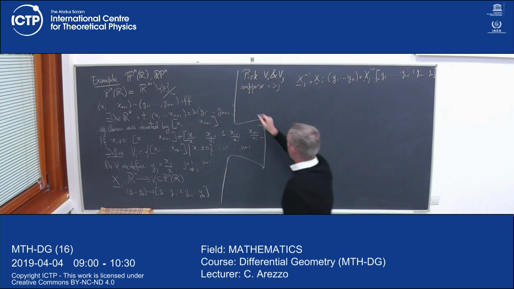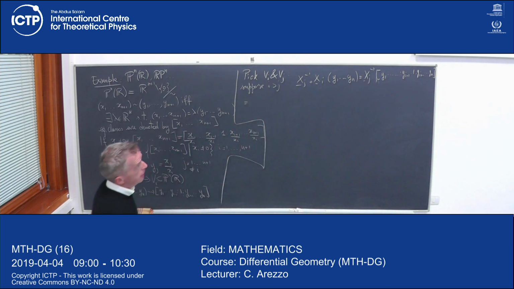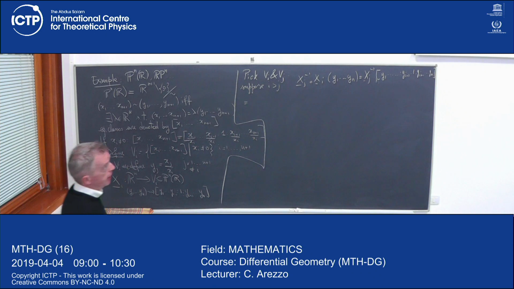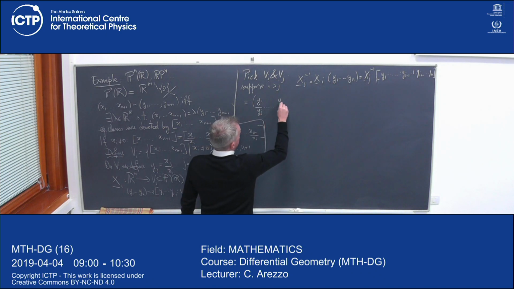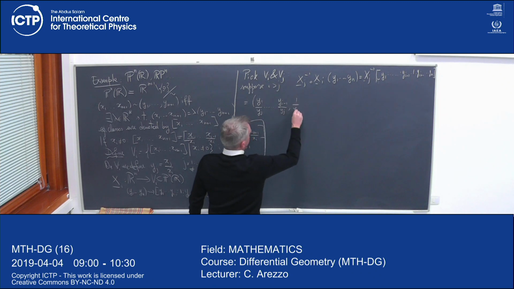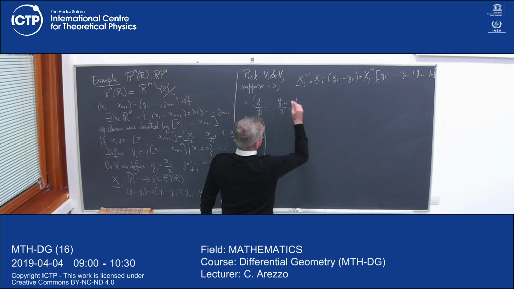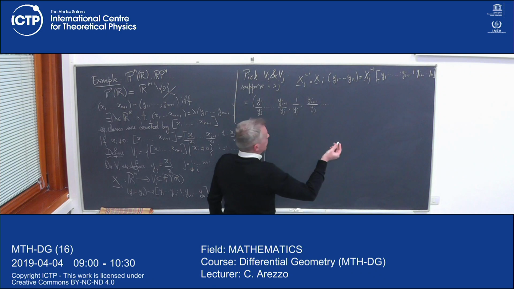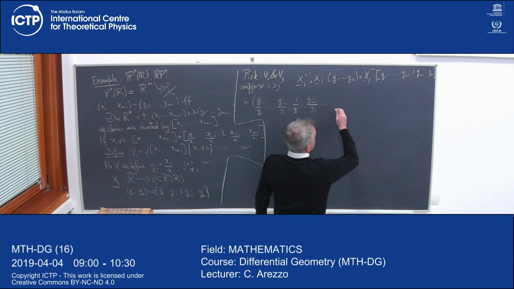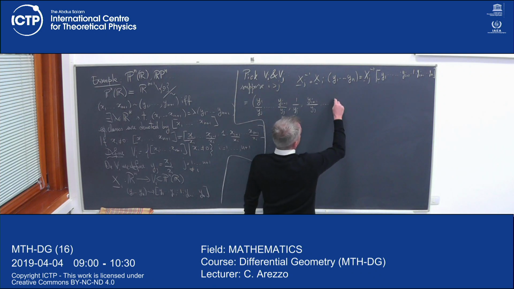And now I know that this is actually dividing by yj. So this becomes (y1, ..., yj minus 1 divided by yj, 1, yj plus 1, ..., yn divided by yj). This is the first and last time I'm going to write all this stuff.